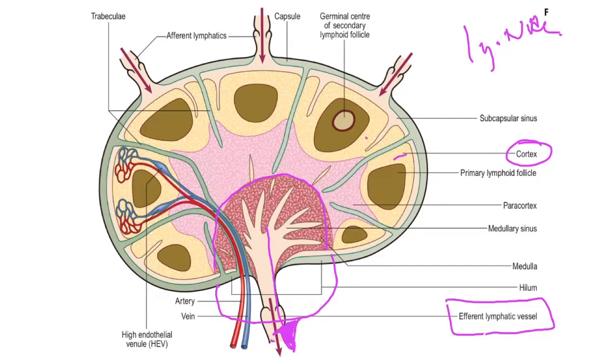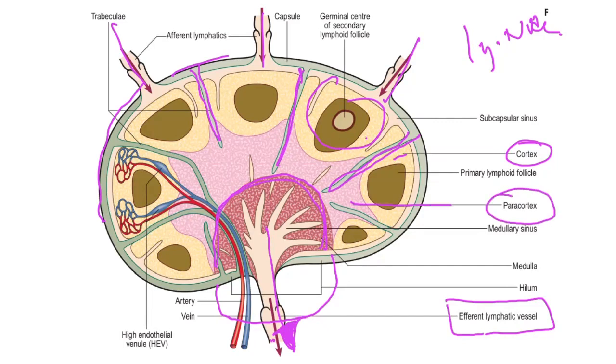You see, there are many efferent vessel openings, and this is the capsule, which is indented as trabeculae. It has cortex and medulla and a paracortex, and the medulla has different medullary sinuses.